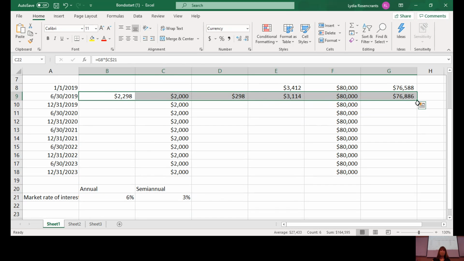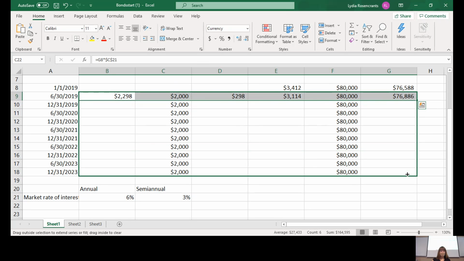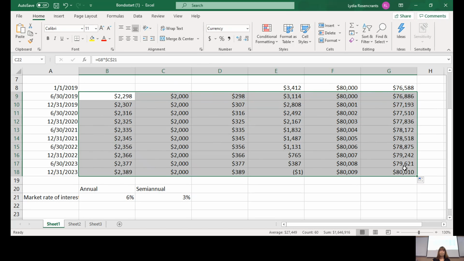You're going to come to this little green square in the corner, and you want the skinny black cross on it. You don't want the fat white cross. You're going to pull down to G18 or line 18 and let it go.